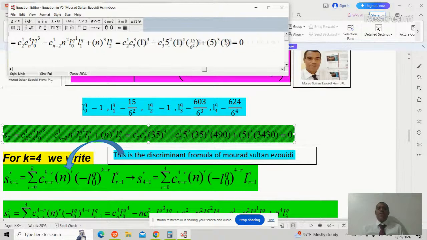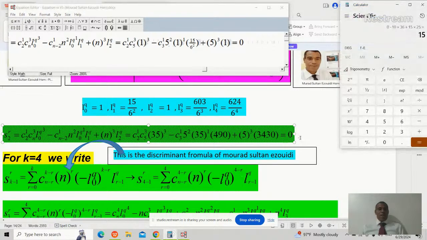I will just use my calculator, and you should multiply by 6 to the power 3 to get a fraction, okay? To ignore the decimal number, okay? And no need also to round these numbers to one significant figure or 2, or to one decimal place and so on, okay? Therefore, learners, this is your calculator.